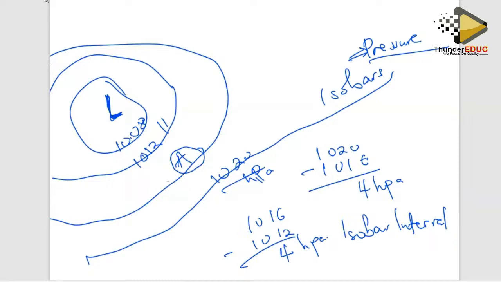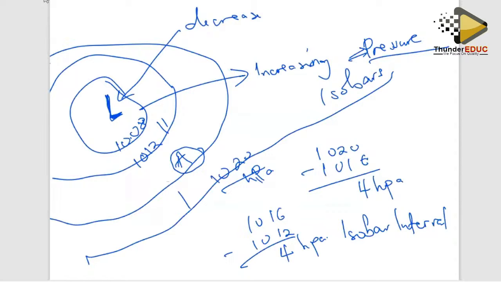If this is 1008, we are coming from a low, going out of the low pressure cell, meaning the pressure is increasing outwards. We are moving from the center of a low, the pressure increases outwards. If you are going inwards, the pressure decreases. So the value of the isobar on the outermost part should be higher than the value of the isobar in the middle, which means we are subtracting as we go towards the center.